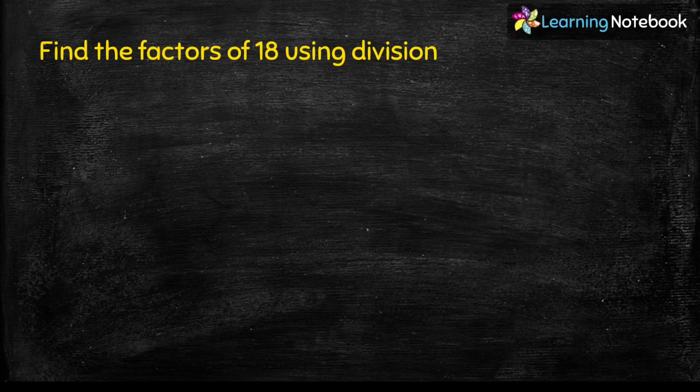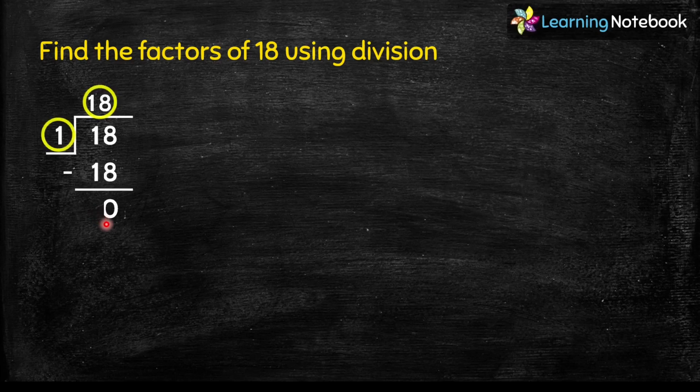So to find factors of 18, let's first divide 18 by 1. We get remainder equals to 0. So, 1 and 18 are factors of 18.